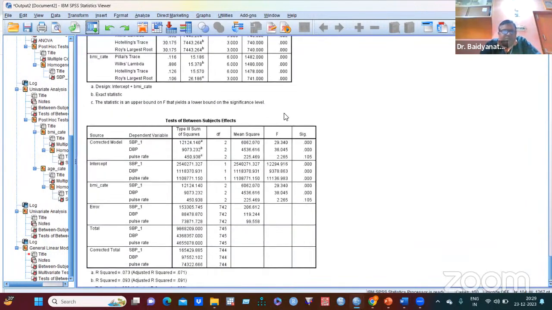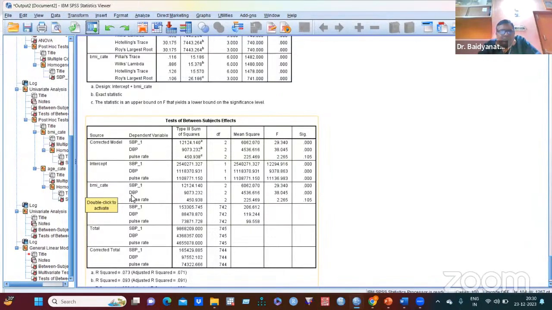So check here. This is the dependent variable. There are 3 dependent variables: systolic blood pressure, diastolic blood pressure, and pulse rate. So I check here BMI. BMI and systolic blood pressure, the value is significant.